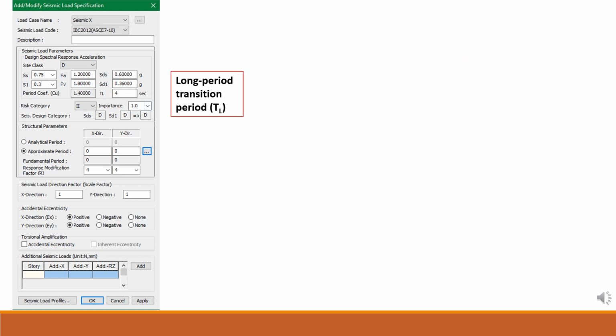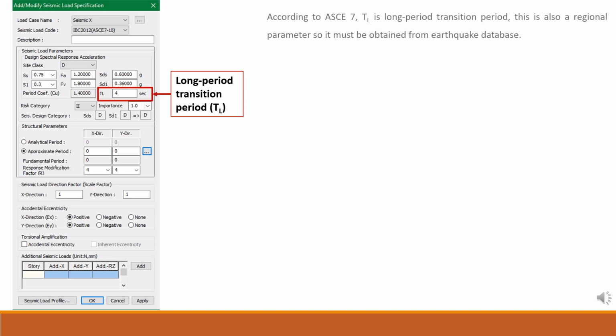The next section is long period transition period. According to ASCE 7, TL is long period transition period. This is also a regional parameter, so it must be obtained from earthquake database.